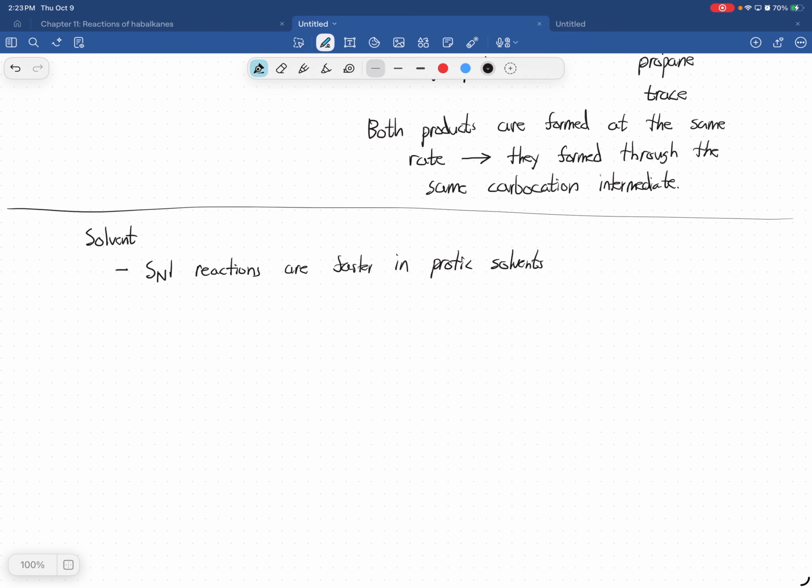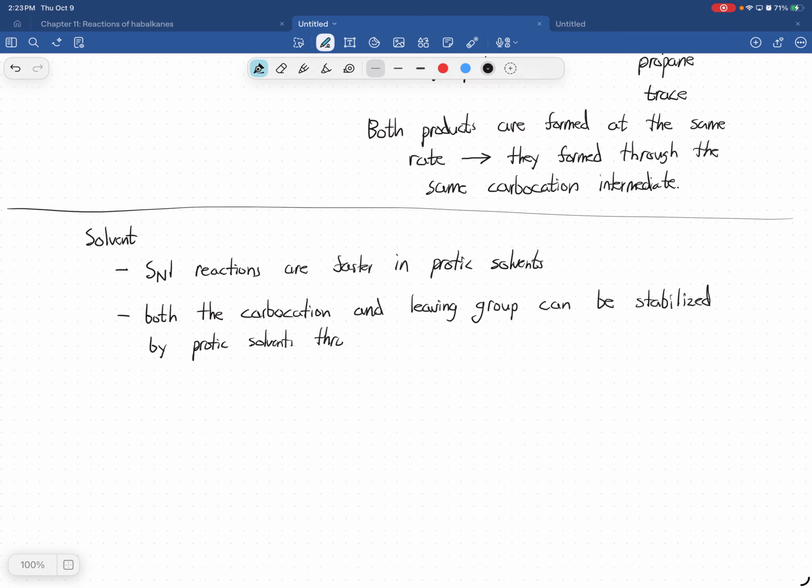All right. So the reason that it's faster in protic solvents is that both the carbocation and leaving group can be stabilized by protic solvents through H bonding.